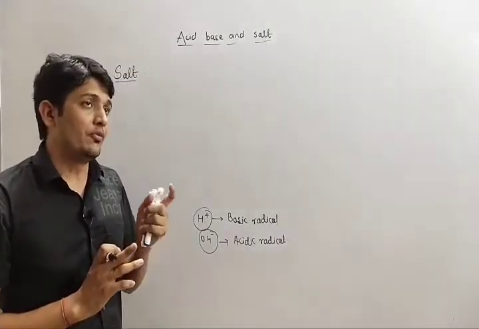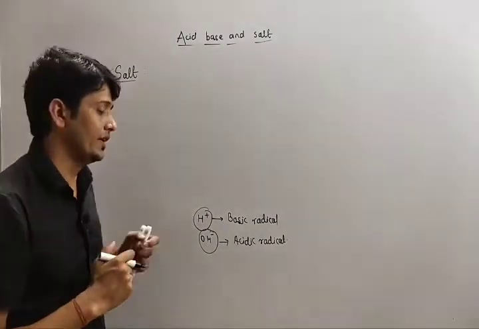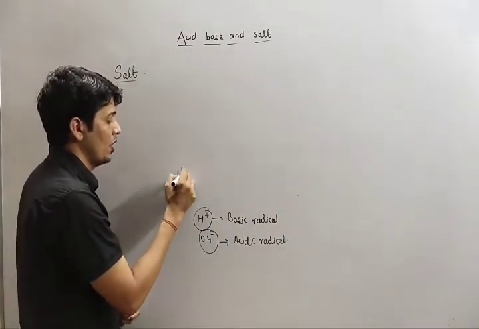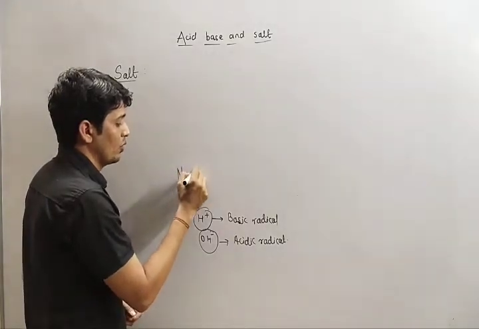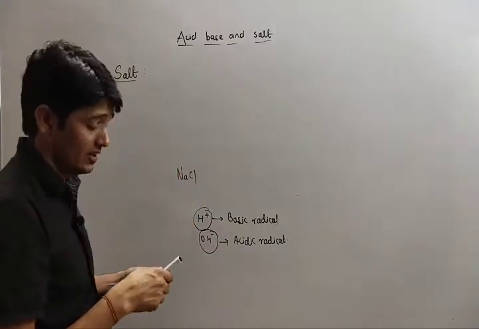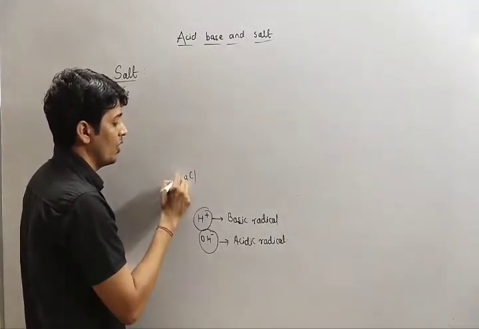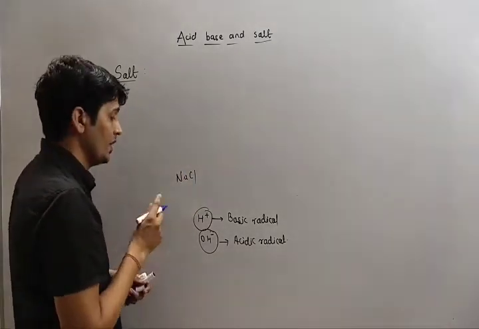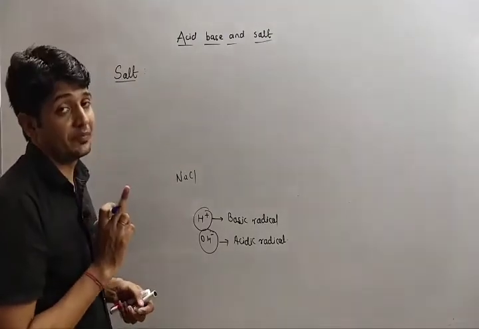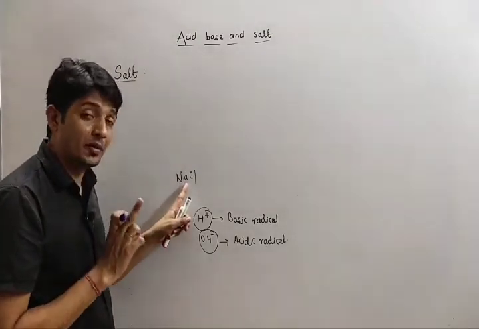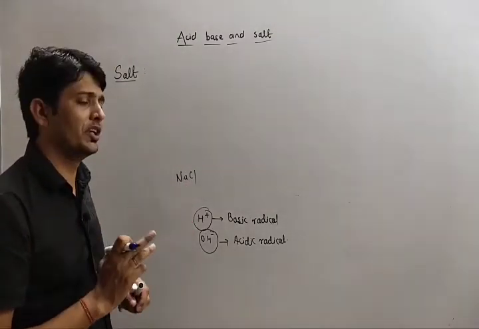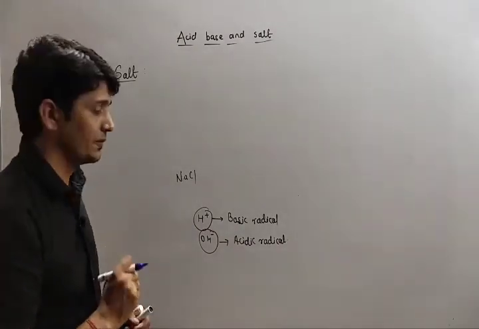Like if we take the example of sodium chloride, it is NaCl. It is the table salt that we use every day in our food. Without salt, food is not made at all. So this is nothing but the table salt that we use every day in our diet.